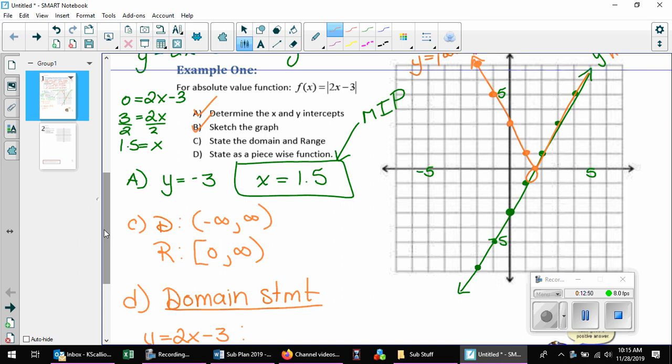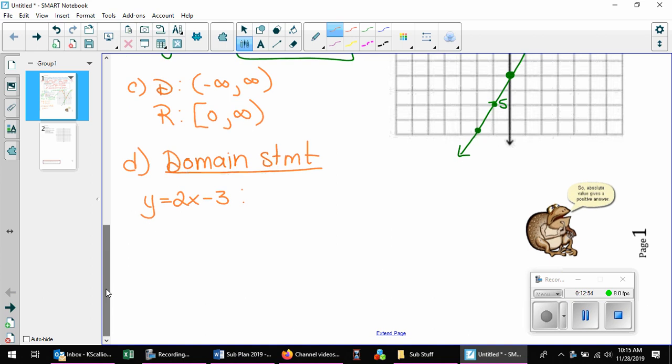So positive infinity. Okay. So x has to be greater than or equal to 1.5. That makes sense to everybody? Because that's my original graph. That's the one without the absolute value brackets. Which was the one that we had to do something to?